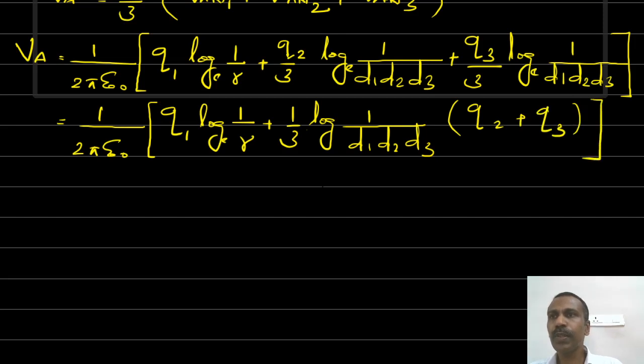What is Q2 plus Q3? It is minus Q1, because you know Q1 plus Q2 plus Q3 is equal to 0. So Q2 plus Q3 can be written as minus Q1.